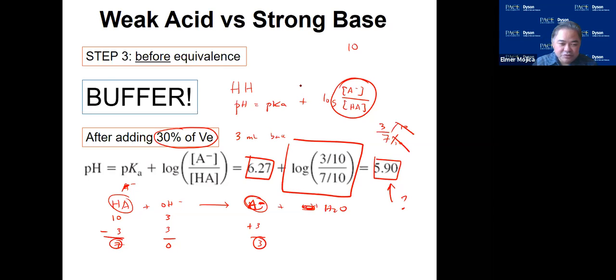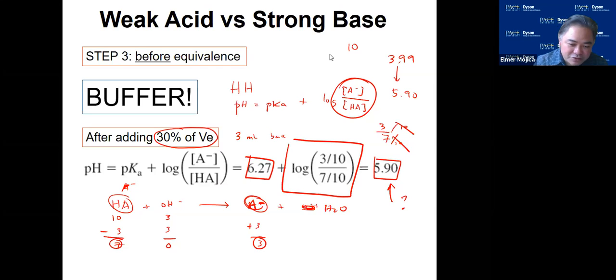What it does is just convert some of your HA into A minus. Now, does this value make sense, anyone? 5.9? So you started with what? 3.99, you add on a base, it becomes 5.90. So it makes sense because the pH increases. Okay?